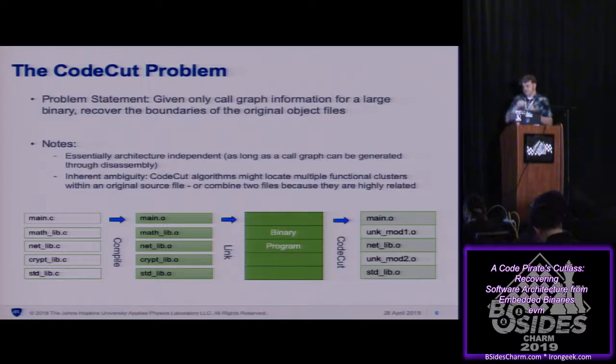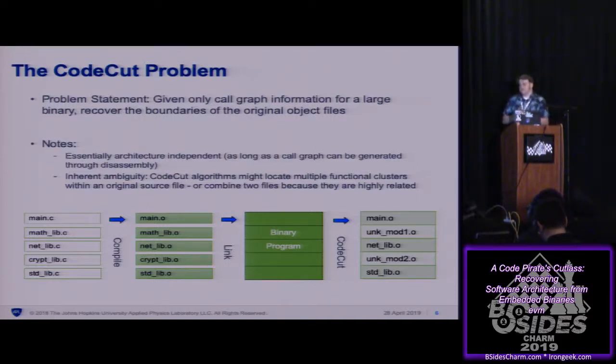It links all the function calls together, and what you end up with in your binary program is more or less the object files that you passed into the linker, in order, all stuck one after the other and squished together into that binary. So the idea of the CodeCut problem is real simple: can we find those original object file boundaries?